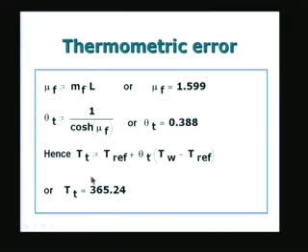Using the information which I just presented on the board, the temperature indicated by the thermocouple attached to the bottom of that well is T reference, which is taken as the temperature of the flowing fluid Tf plus theta T into Tw minus Tf. So, if I substitute these values, theta T 0.388, Tw is 353, Tf is 373, I get a value of T subscript T equal to 365.24.